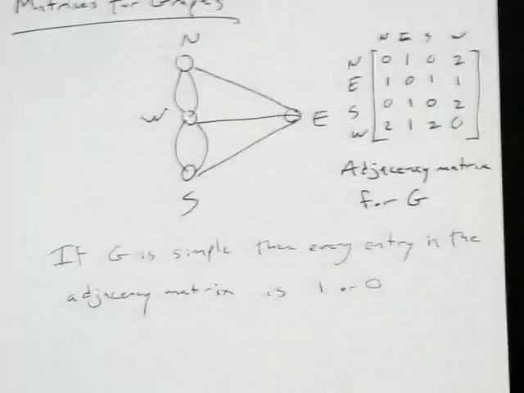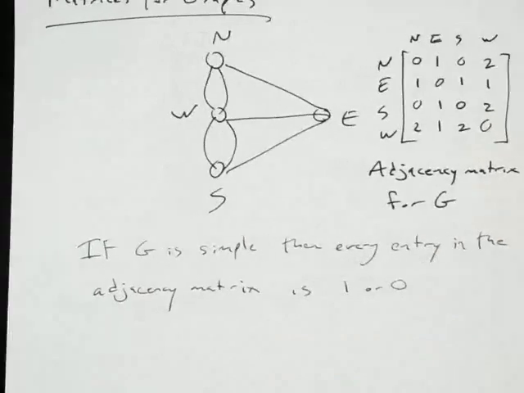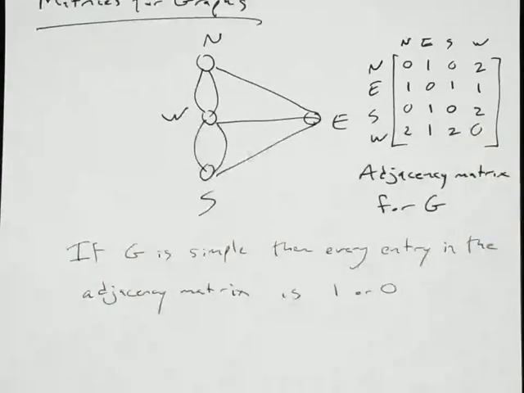But that really doesn't make sense because simple means no loops, no multiple edges. There's a little bit of a crossover here. As long as I don't allow multiple edges, 1 or 0. This matrix is symmetric because it's undirected.